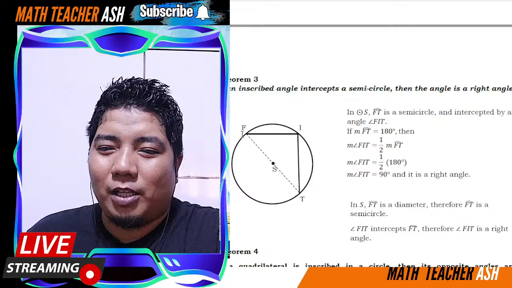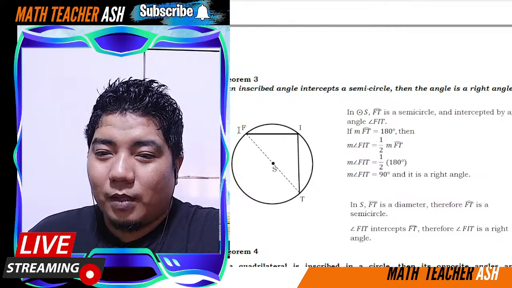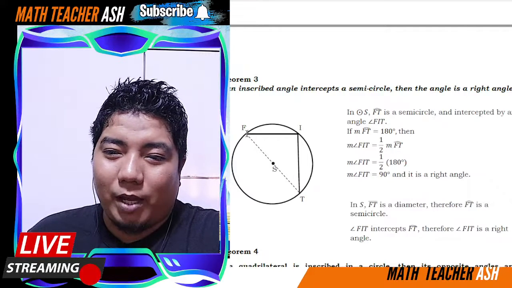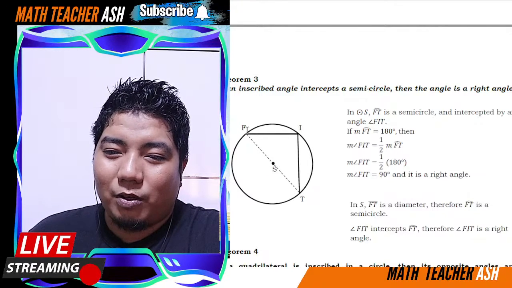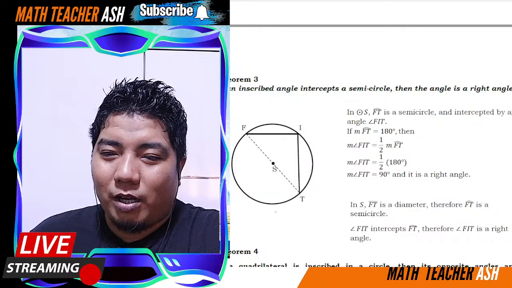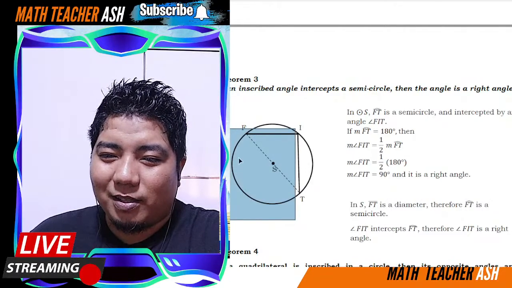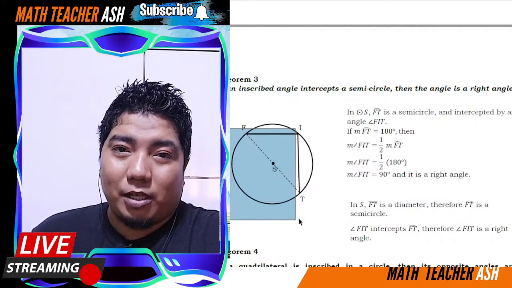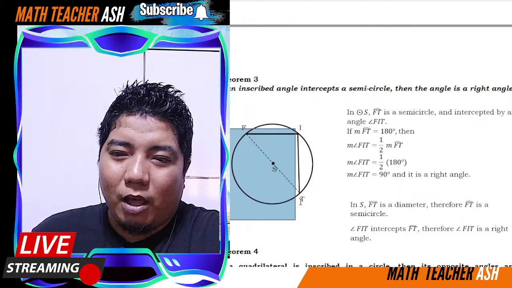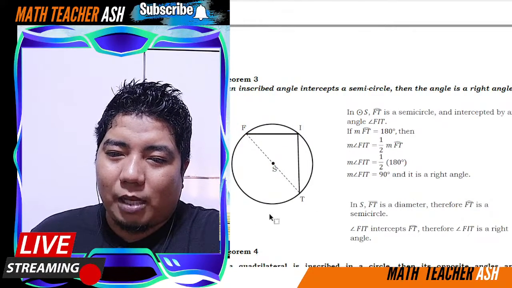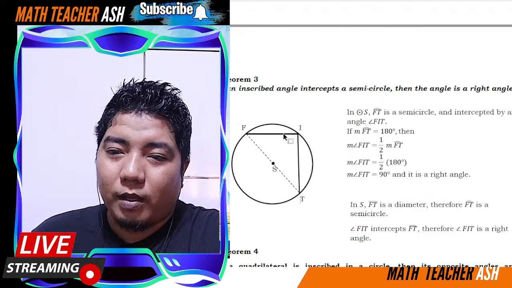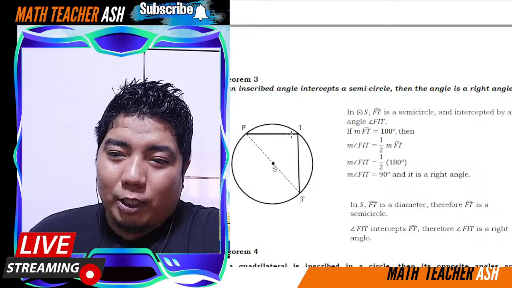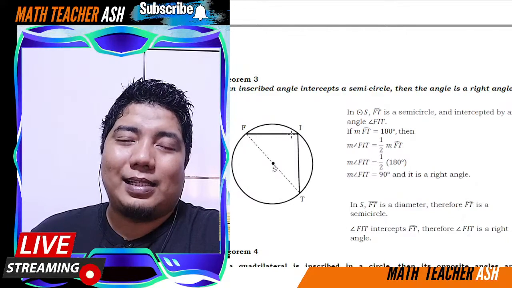Okay, so example nito. Ito yung, anong tawag dito? Diameter, pero hindi drawing ang diameter. Pero ang measurement daw ng arc na ito, yan na arc. Okay. Ito na arc. Ang measurement daw ng arc na yan ay semicircle. So meaning that is half of the circle. Therefore, since this is an intercepted arc by this inscribed angle, then we can say that the measurement of that inscribed angle is 90 degrees.